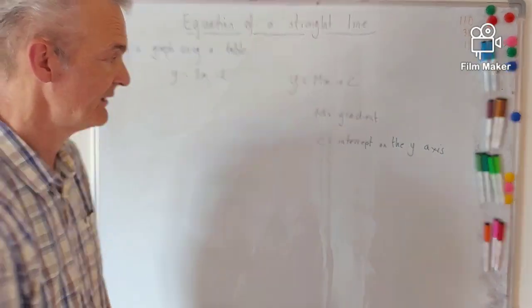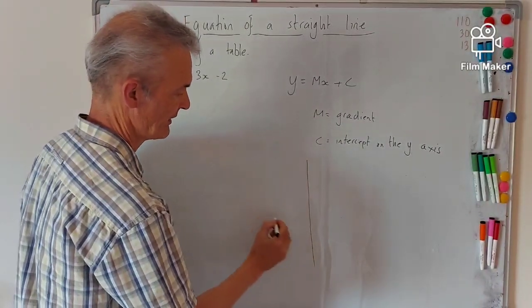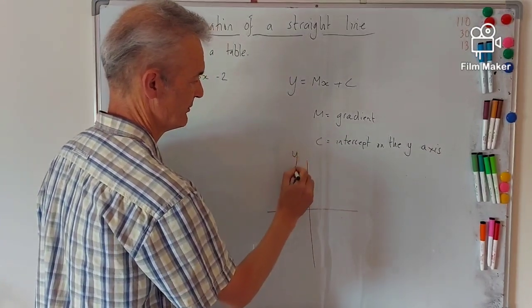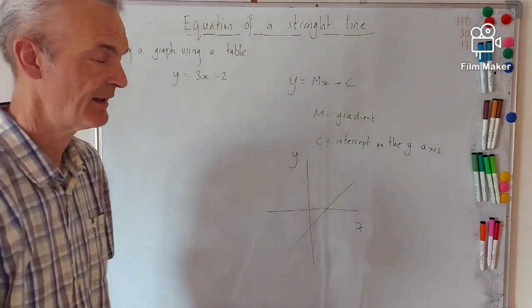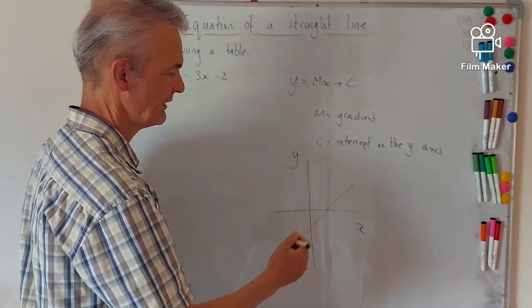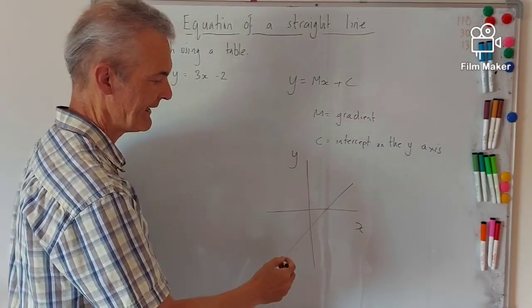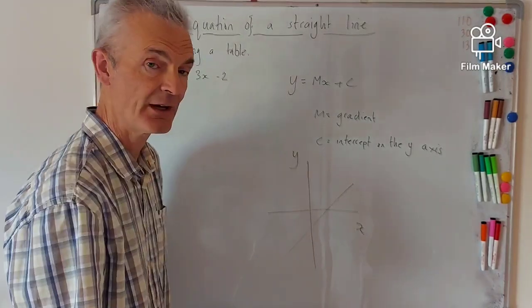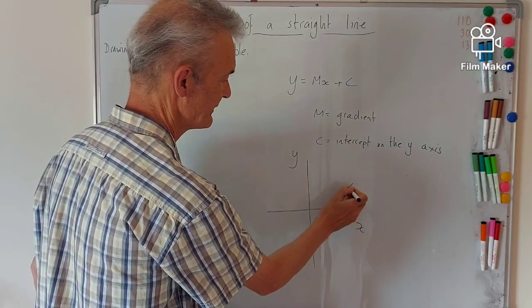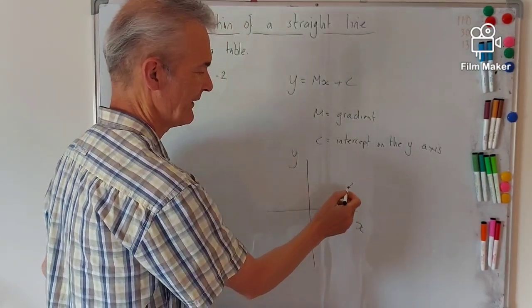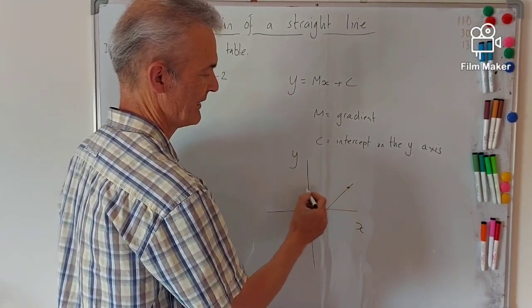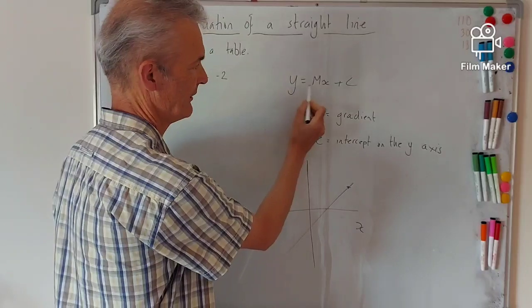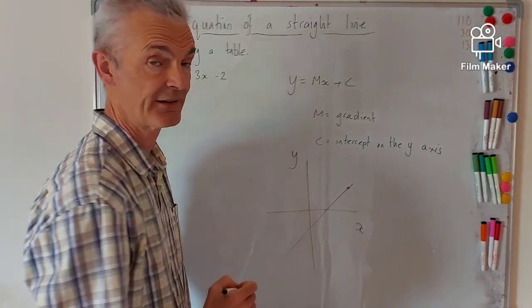So if you had a line, I'm just going to very quickly produce one here. I've got a straight line there. If I put my pen anywhere on that line, say here, draw a point there, that has an x coordinate and a y coordinate.